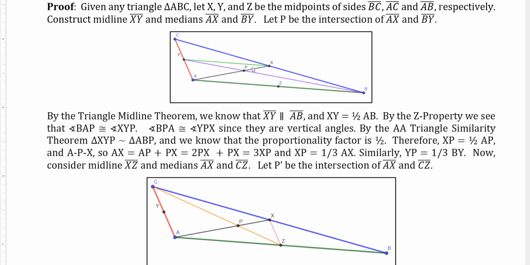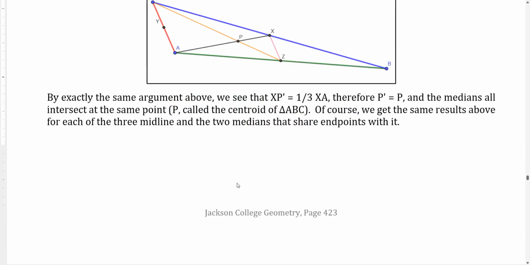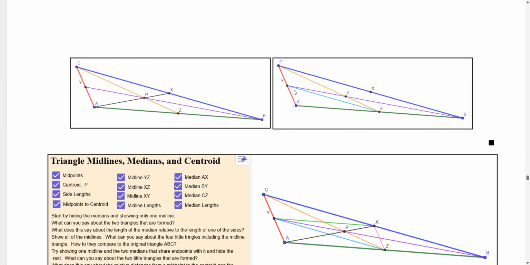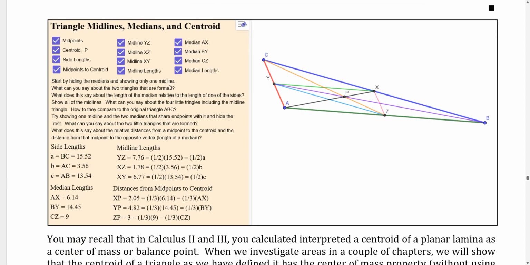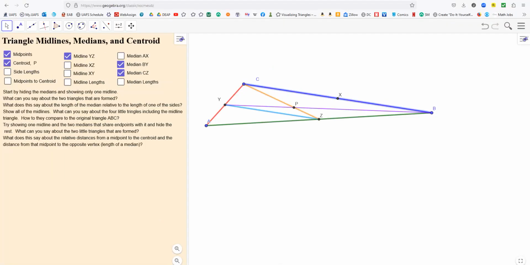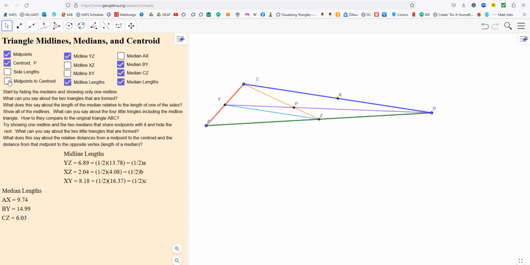So here, whether we start with XY and work it out, or XZ works out the same way, or if we start with YZ, either way it works the same. Here you can actually see, let's go back to the dynamic version here. If I look at the lengths of the medians and the midline lengths, there's the side lengths. There we get a half.